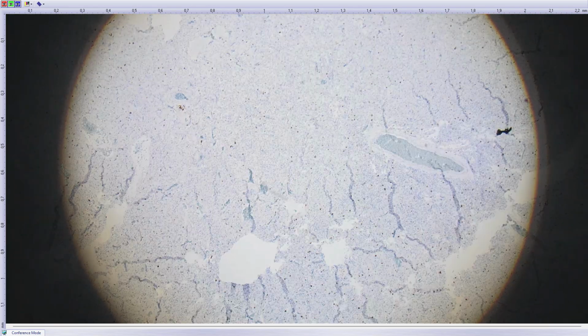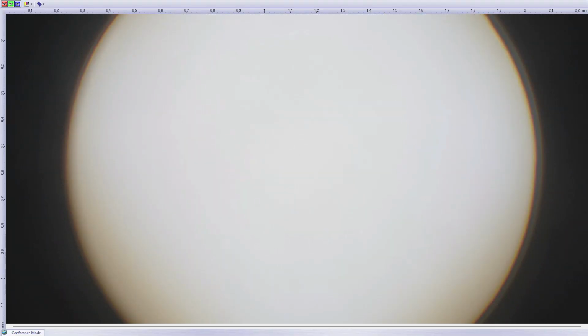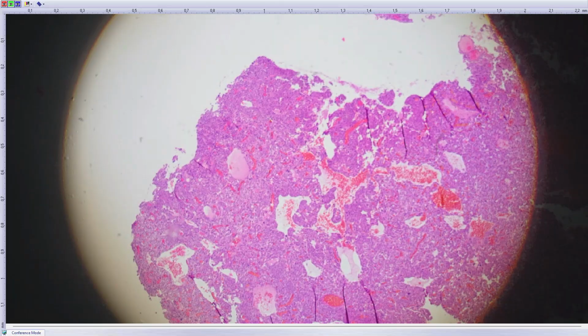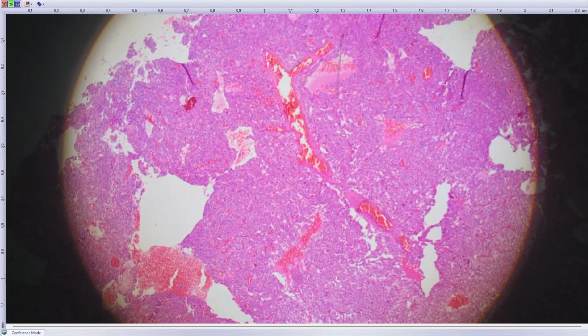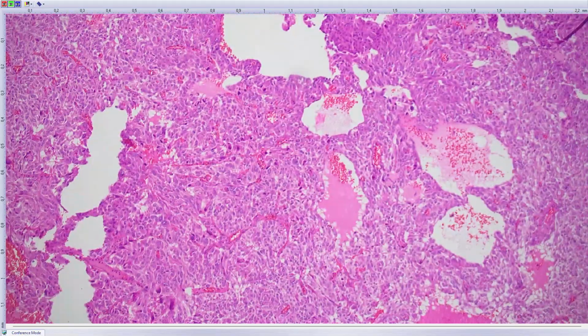I think 10%, 15%. So yeah, I think it's a pheochromocytoma potentially, or high risk, I would say, as the SDHB was retained. Sometimes you can see this diffuse S100 positive in some cases.